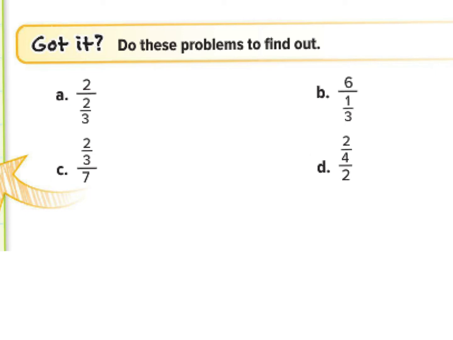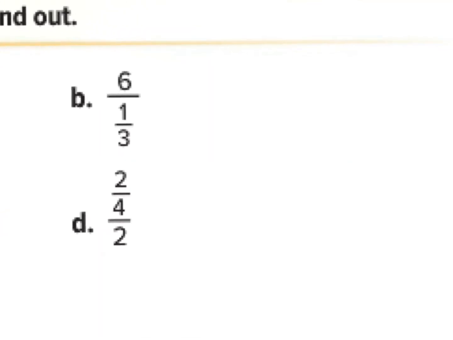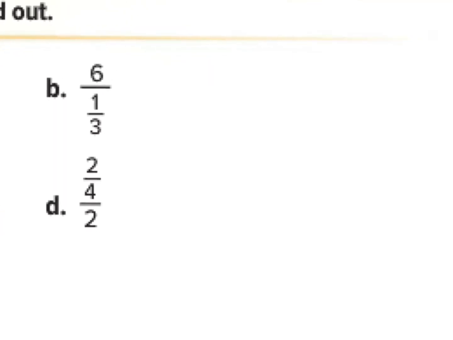Okay, now let's try question B. Question B, here we have 6 over 1/3, or again, let's rewrite it as 6 divided by 1/3. Remember that 6 is a fraction if you put it over 1. So now we keep this, we change, and we flip.